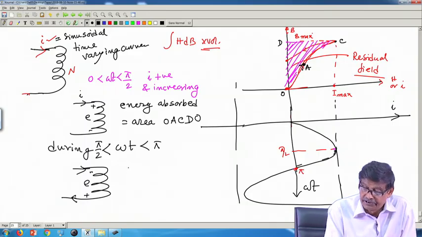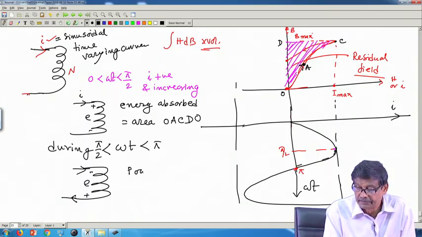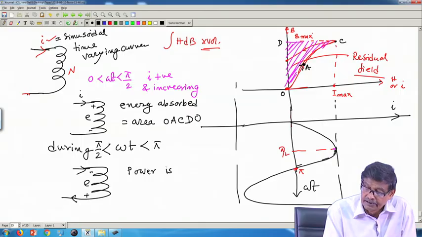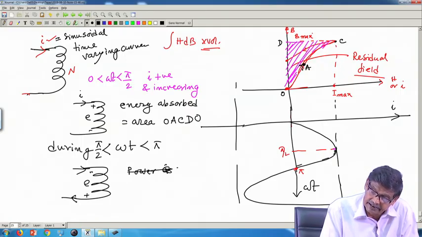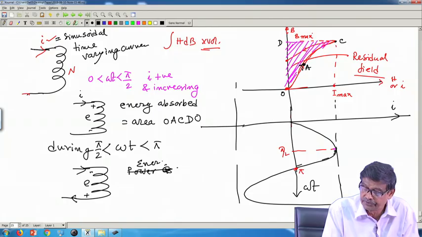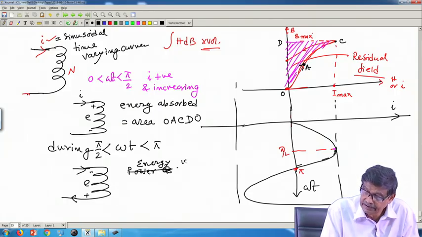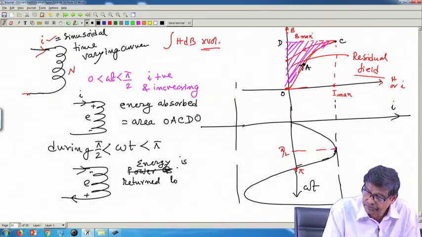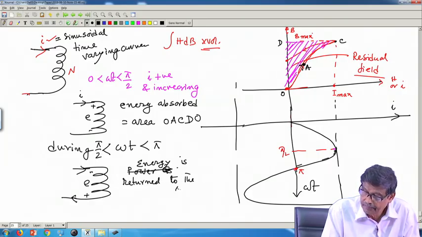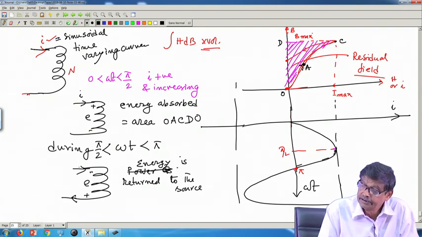So, power is returned during this interval, energy is returned to the source, because polarity has reversed.